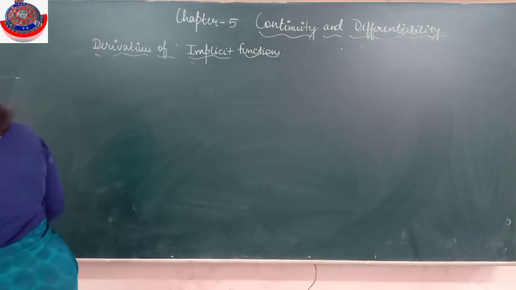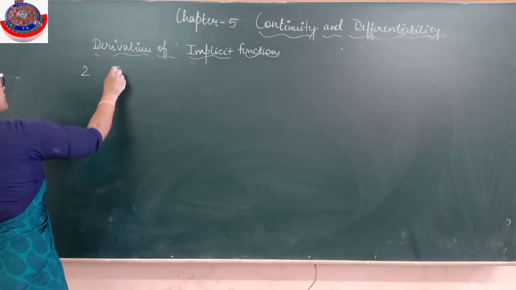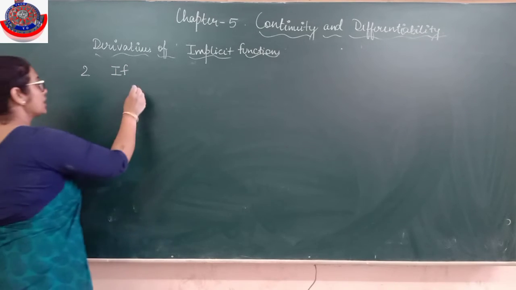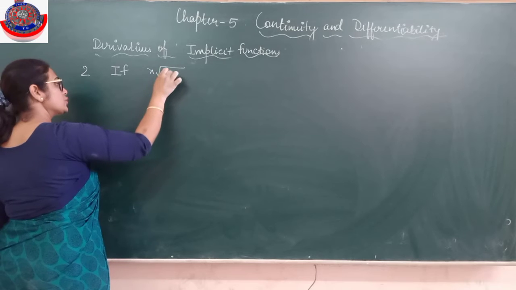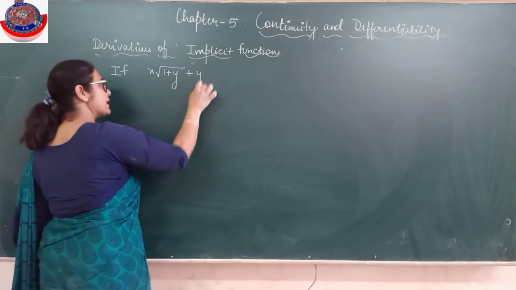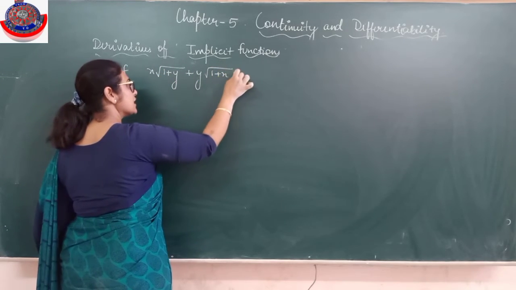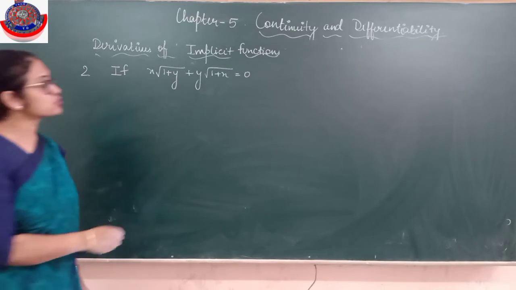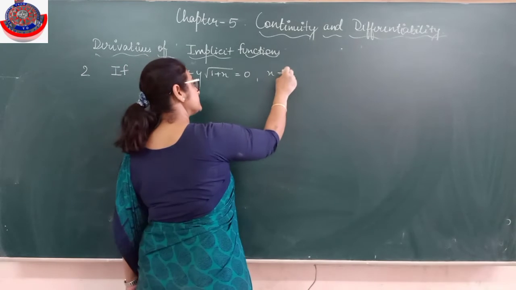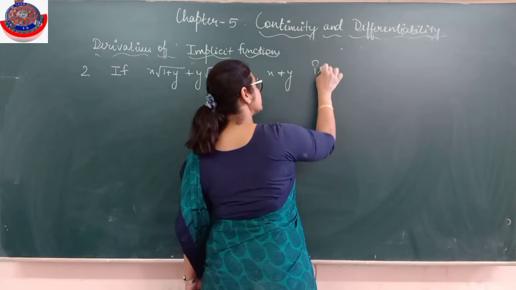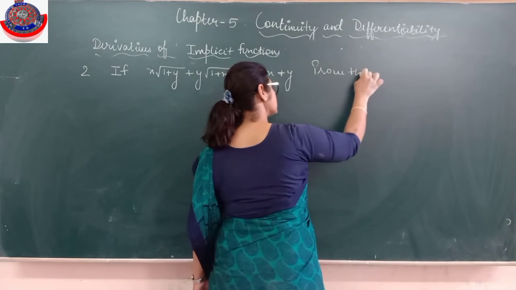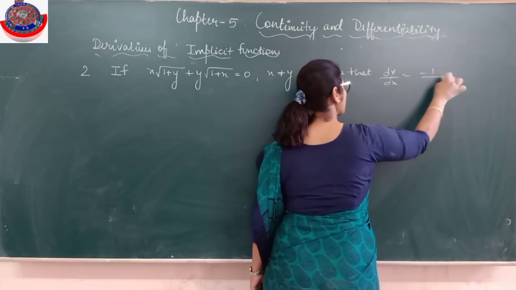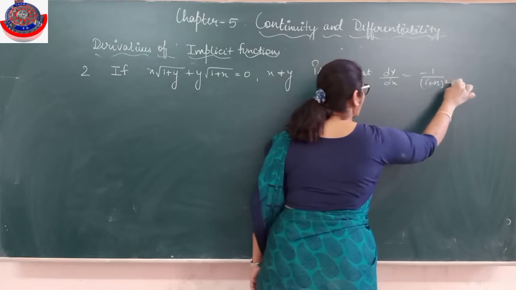Say I have, if x into under root 1 plus y, plus y into under root 1 plus x is equals to 0, where x is not equals to y, prove that dy upon dx is equals to minus 1 upon 1 plus x whole square.